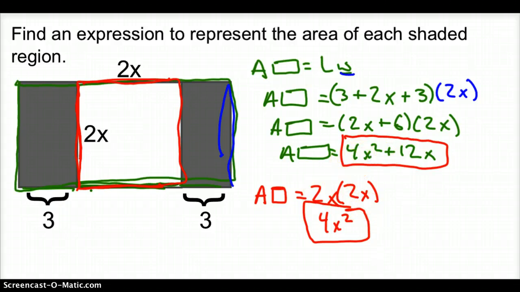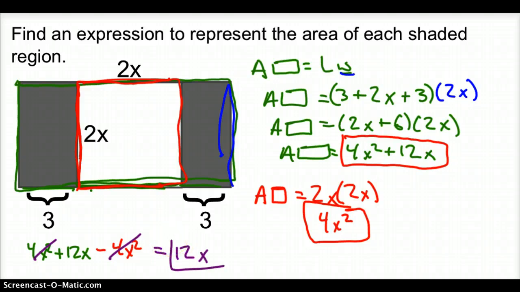So let's go ahead and do that really quickly. I have 4x squared plus 12x, and then I'm subtracting 4x squared, and so now we have found the expression to be 12x. That represents the shaded area.